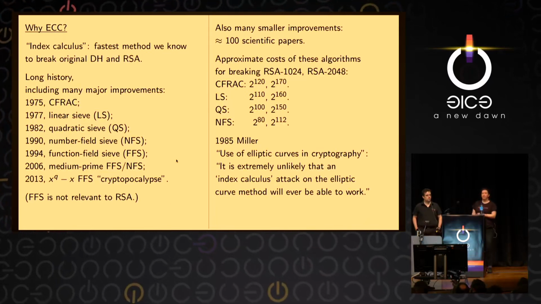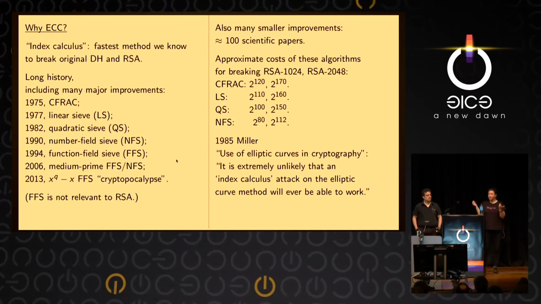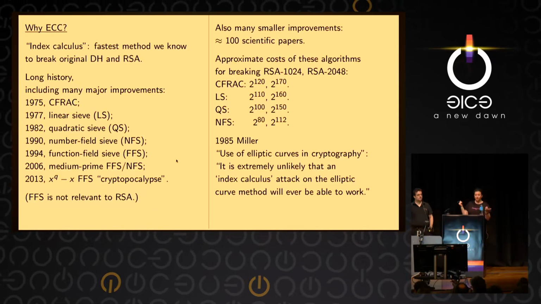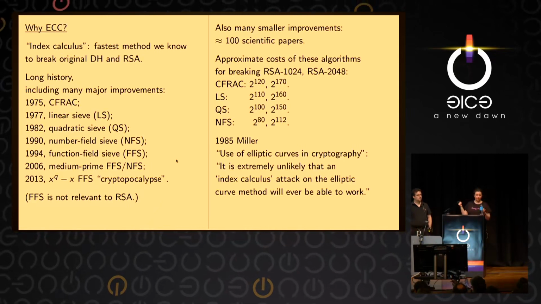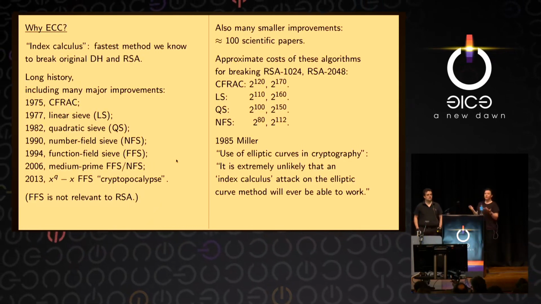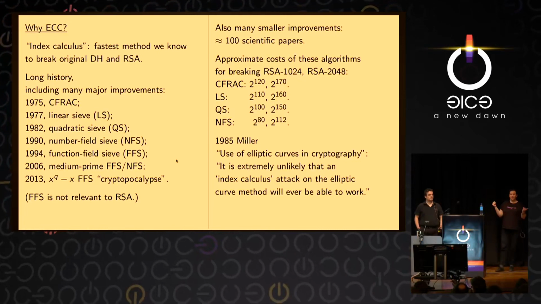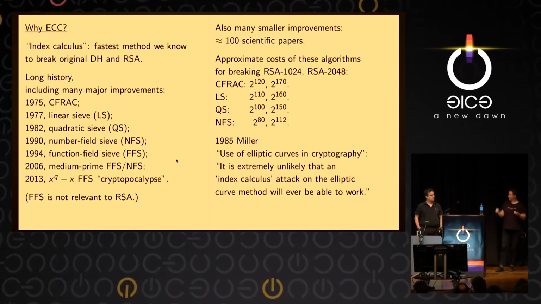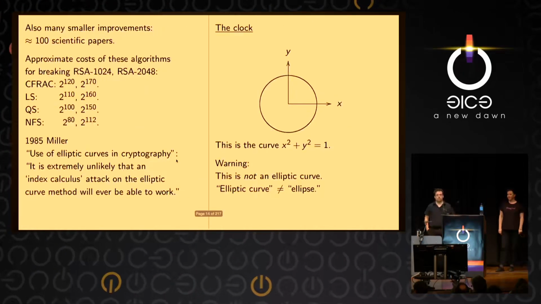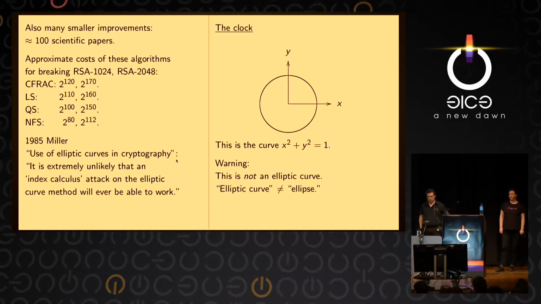And then Miller says, well, I've looked at this new primitive, elliptic curves, and it is extremely unlikely that an index calculus attack on the elliptic curve method will ever be able to work. So we can completely ignore all of these improvements, all of these methods that made factorization and finite field-based Diffie-Hellman so much weaker.